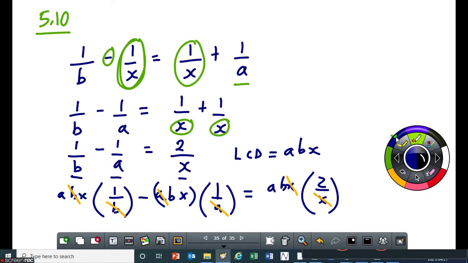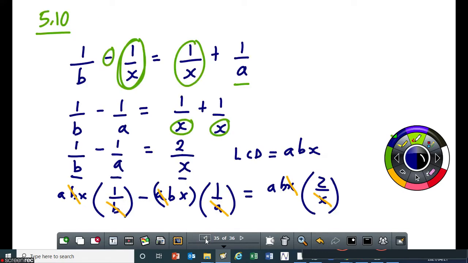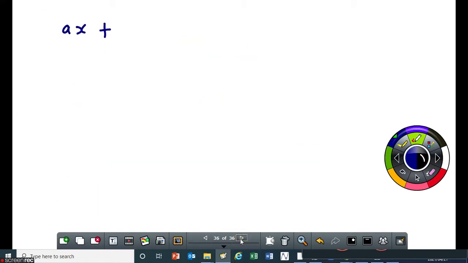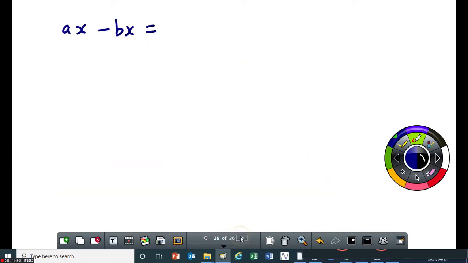If I do that, then my next step is to write ax times 1, which gives me ax, minus bx, equal to, on the right hand side, ab times 2, which is 2ab.